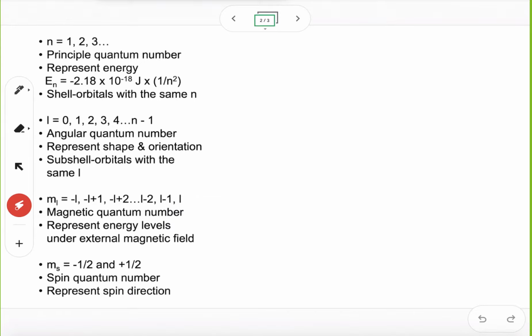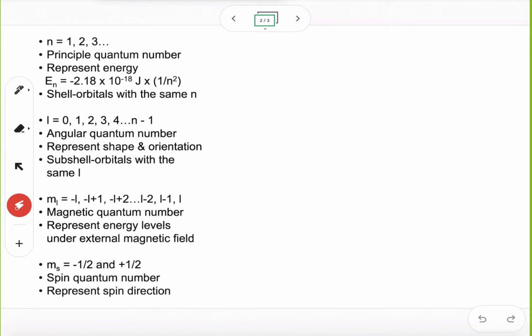And for ML, that represents energy levels of those orbitals under external magnetic field. This is quite important for NMR. If you are not familiar with NMR, you probably heard about MRI, which is a type of NMR for human body.